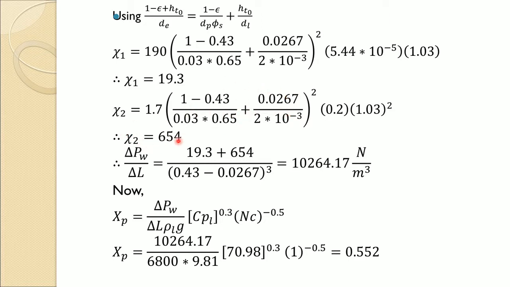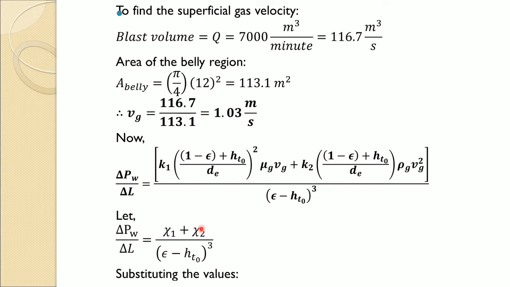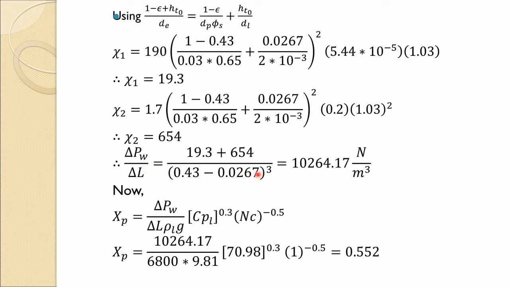So, kappa 2 you get 654. Once you put this kappa 1 and kappa 2 here and this quantity over here, you get the pressure drop, which is about this Newton per meter cube.